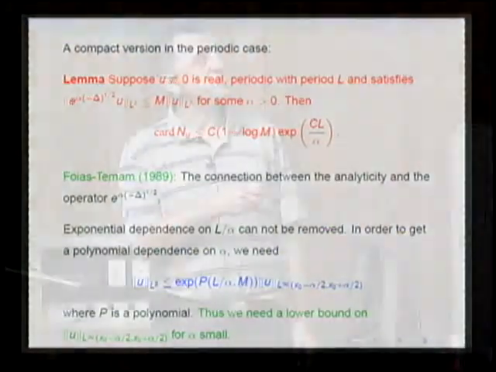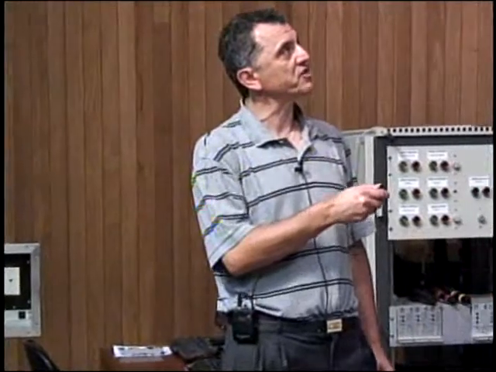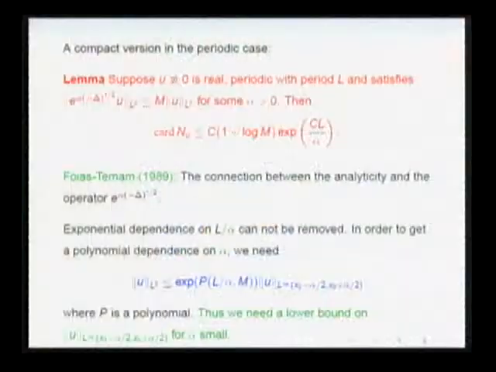Of course, that's not an assumption. M is just the quotient of these two quantities, right? So M is the quotient of the Gevrey norm, or analytic norm, or Fourier-Gevrey norm, divided by the L2 norm of u. Then the cardinality of the zero set is bounded by 1 plus log M, so it's logarithmic in M and exponential in L divided by the analyticity radius.